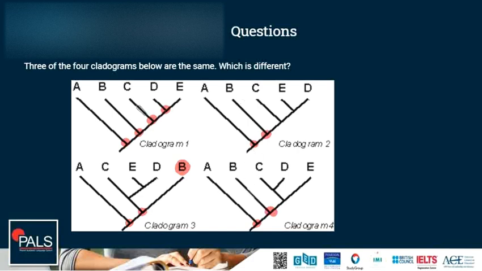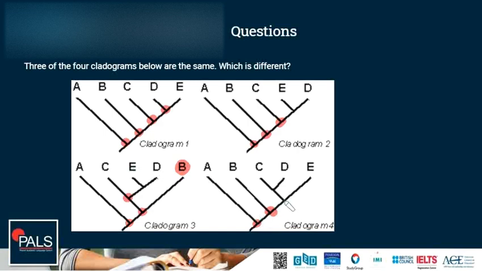Our third node, C, connected to D and E. C connected to D and E. That is still the same as our first cladogram. Our third node is now here. It is C connected to D and E. That is still correct.